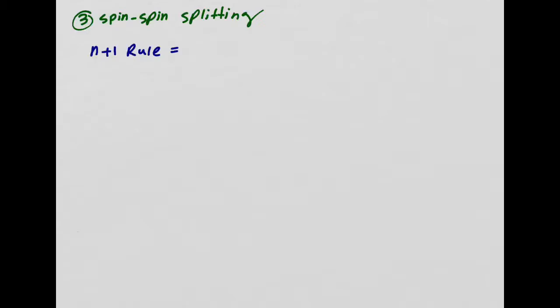Here is the rule. I'm going to write down the definition. I'm going to write down the rule, and then we're going to go over it. It might be a little bit confusing, but don't worry, I will explain it.